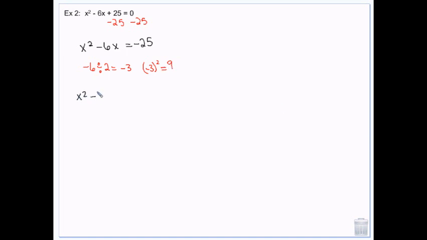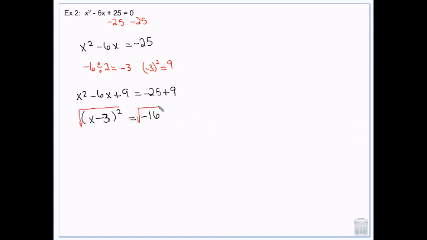And I'm going to add that to both sides. And this will factor. Sorry, that's not a plus, that's a minus. So x minus 3 squared is equal to negative 16.